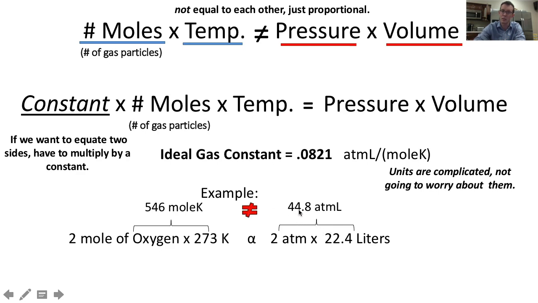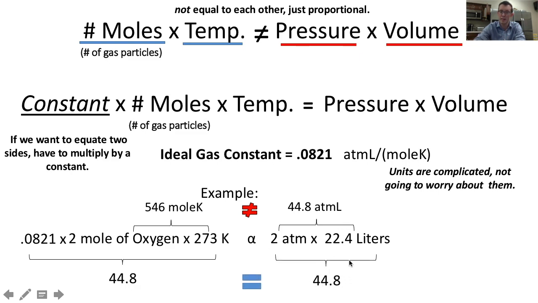So these are not equal to each other. However, if we were to multiply this half of the proportionality by the ideal gas constant, 0.0821, we would find that punching these numbers into our calculator, we now get 44.8, which is equal to the 44.8 on the other side of the equation.